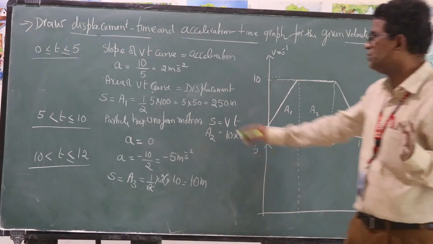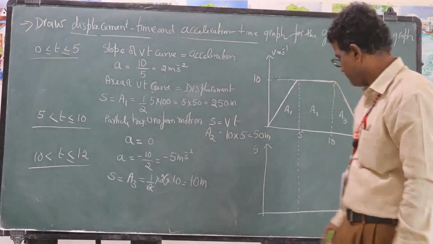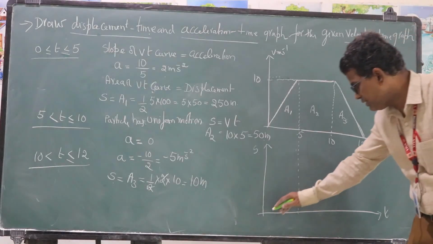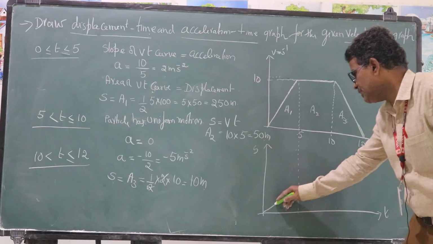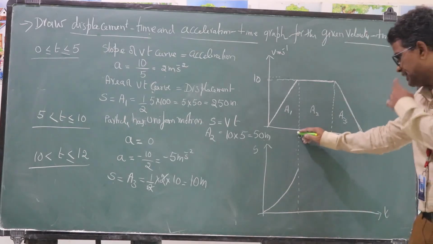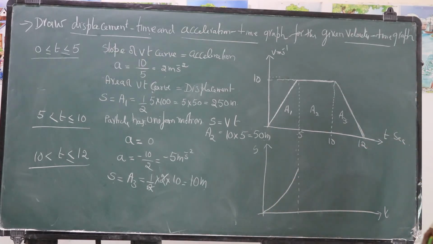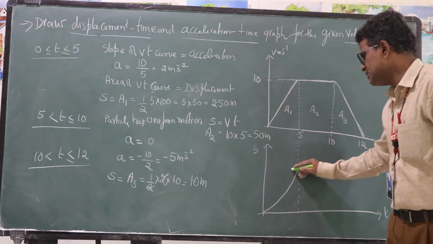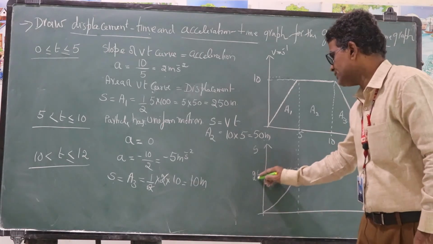Parabola, positive acceleration, it is with increasing slope. So the shape of the curve is a parabola with increasing slope, like this, up to 5 seconds. So this is the s-t graph. So it reaches how much distance here? Displacement 250 meters.